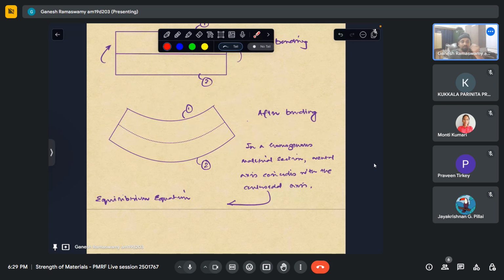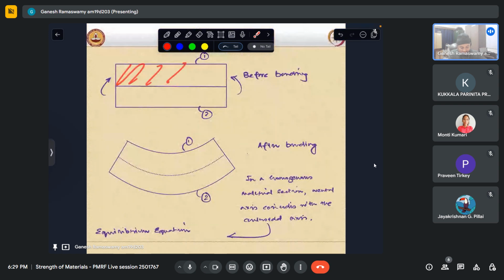When we superimpose these two facts, our neutral axis will pass through the centroid of the cross section, with the only constraint being that it has to be a homogeneous cross section. Now, if this material was different and this material was different, this will no longer hold true, but we have special ways to deal with such materials, which will perhaps come in the following weeks.